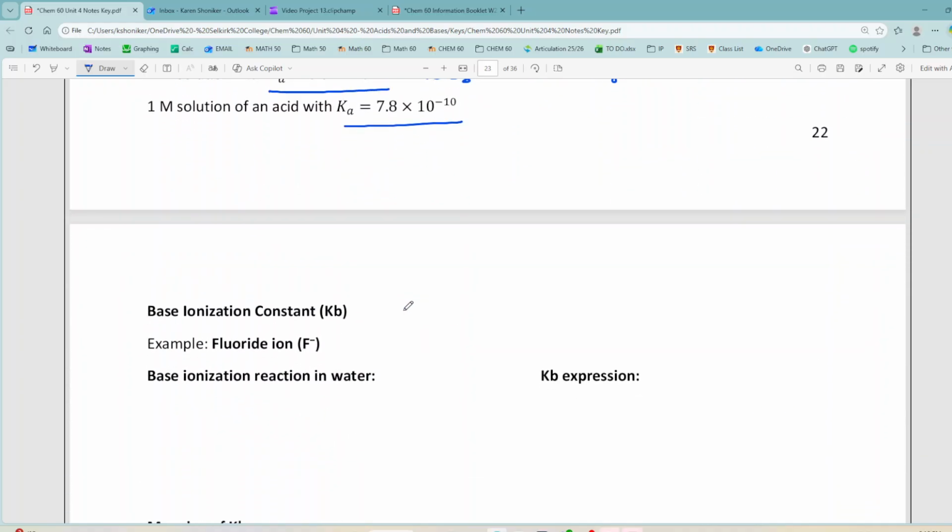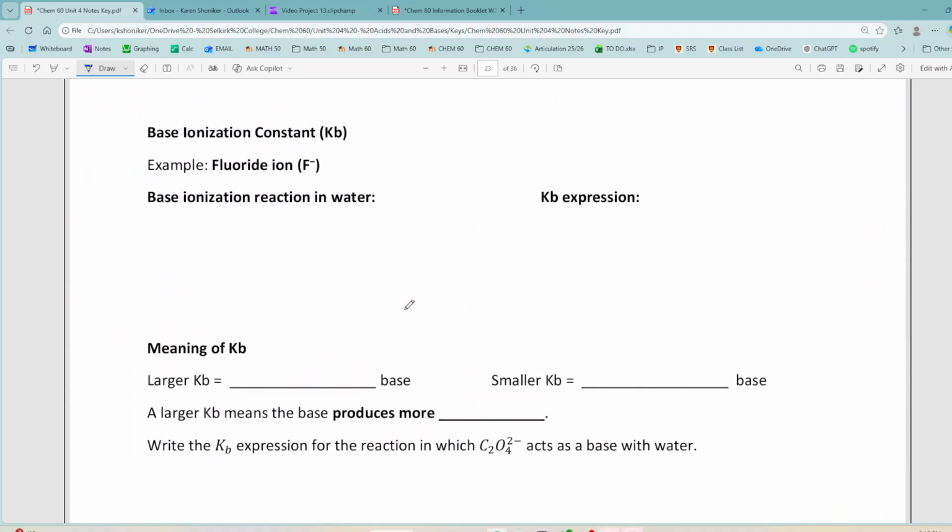Okay, so let's try a base ionization, so a Kb. An example of a base is a fluoride ion. Now, as I was mentioning in a previous video, if you tried to break up fluoride into a hydroxide ion, starting as a fluoride, you wouldn't get anywhere. These are the ones versus the metal hydroxides, which are strong bases.